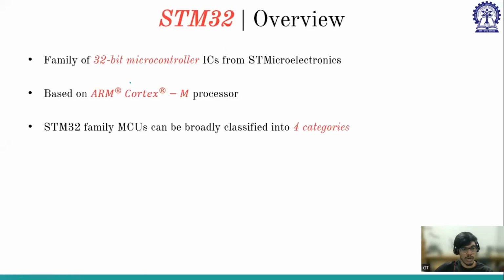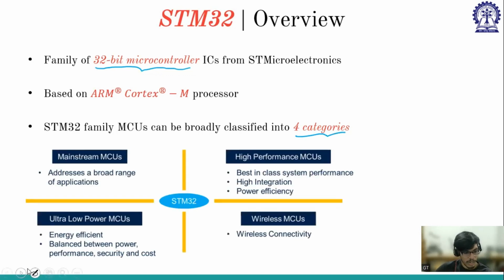First, the STM32 overview. As I mentioned, it is a 32-bit microcontroller IC from ST Microelectronics, based on the ARM Cortex-M processor. The STM32 family is basically classified into 4 categories. The first is the mainstream MCU, which addresses a broad range of applications.